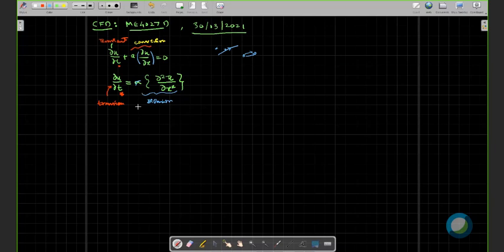Okay. Now, say for example, if you remove this variable and say that u is nothing but temperature.